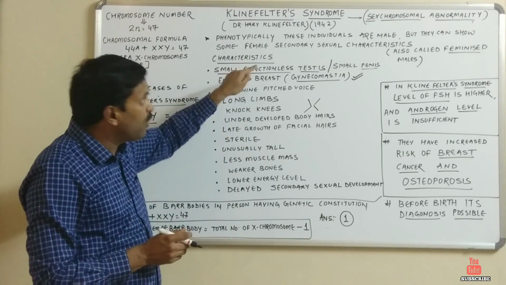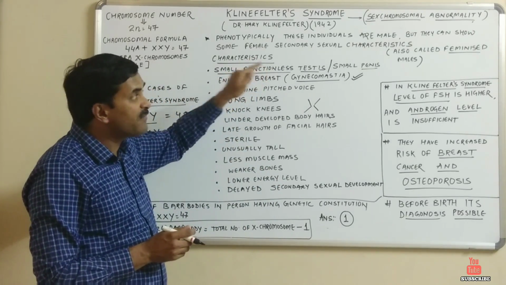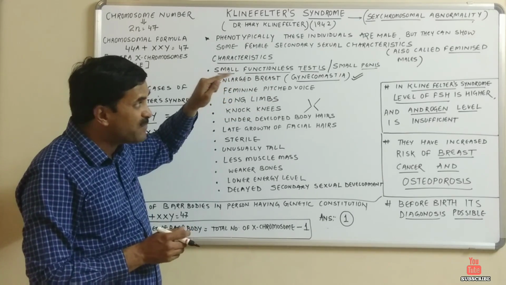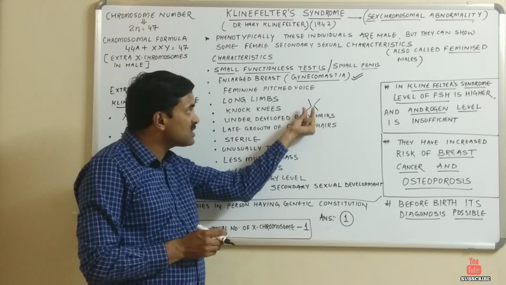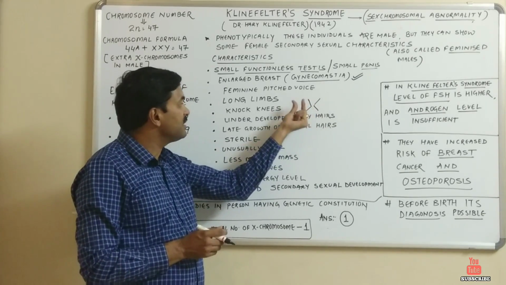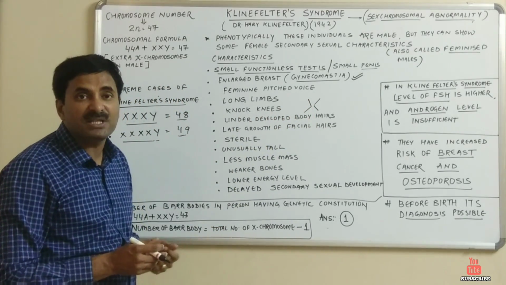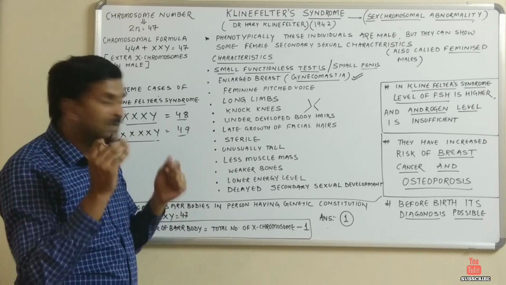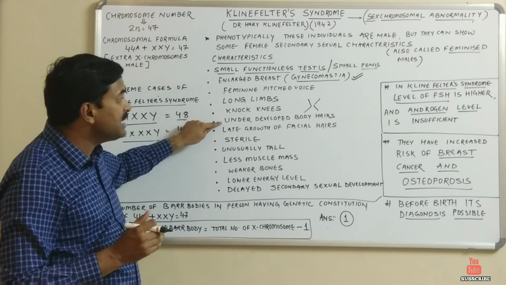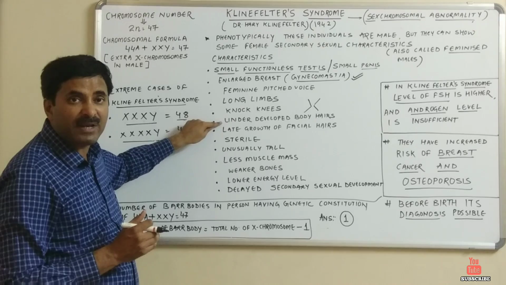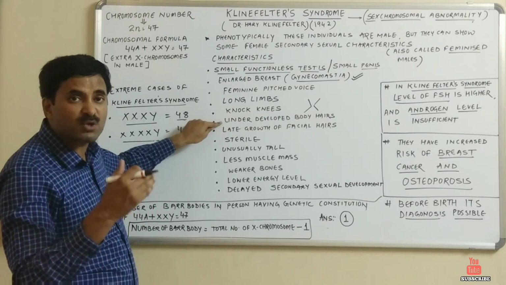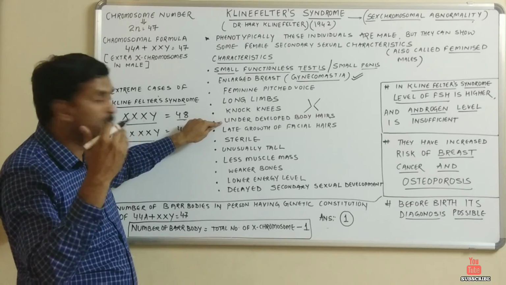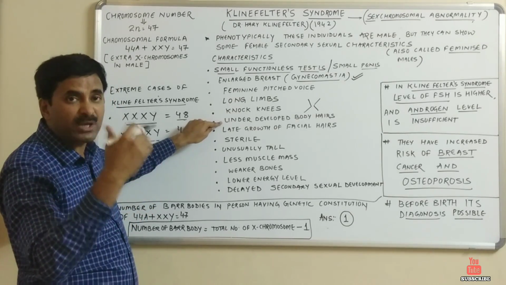But because this male is feminized, that's why it has less distance between the knees, and that's why such knees are called knocked knees. They are having underdeveloped body hairs. As we know very well, in normal males, as soon as the testosterone hormone is secreted at the age of puberty, the body hairs are developed.